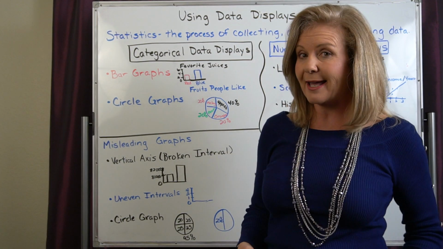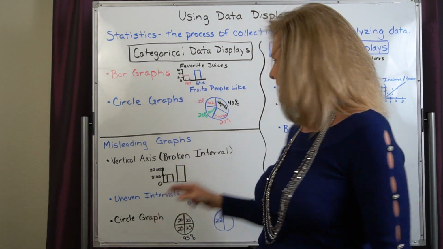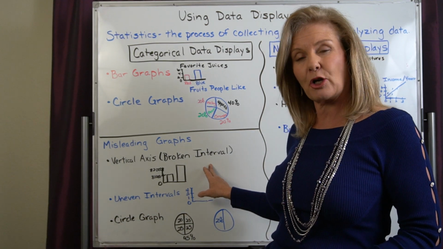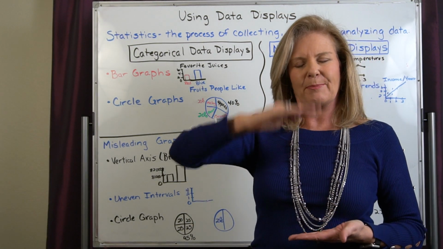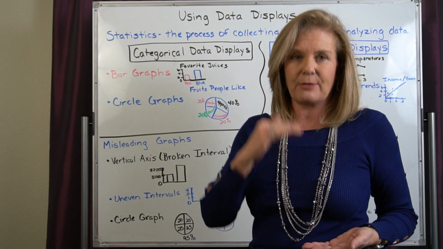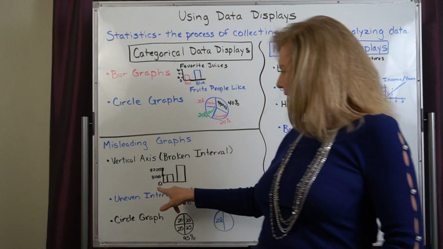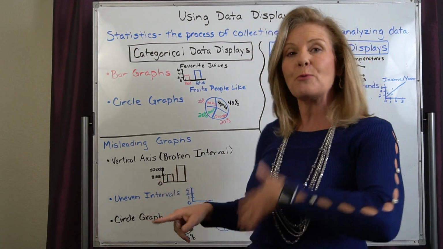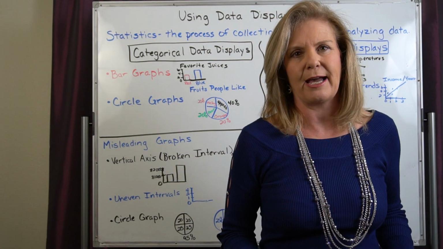Now, one way that they can mislead us is by messing with our vertical axis. And what we think about is something called a broken interval. We know that all intervals should be going up in equal intervals. So if I were going by twos, it'd be 0, 2, 4, 6, 8. Well, a broken interval, I start at 0, but notice I have no data between 0 and my next number, which is 81,000.